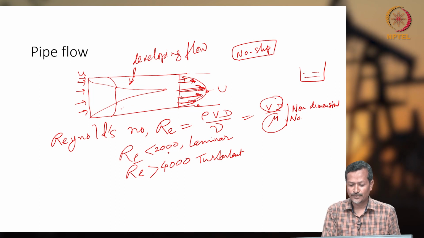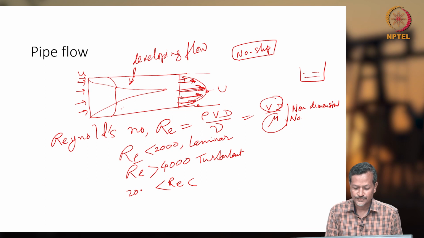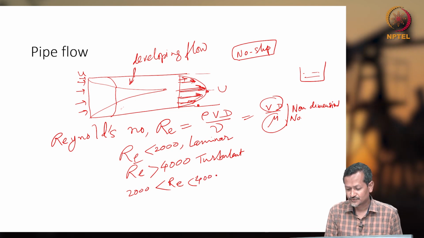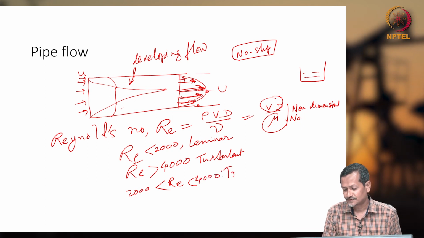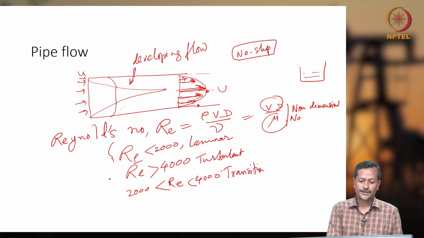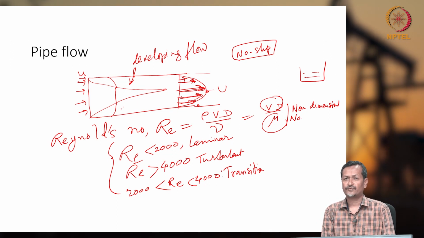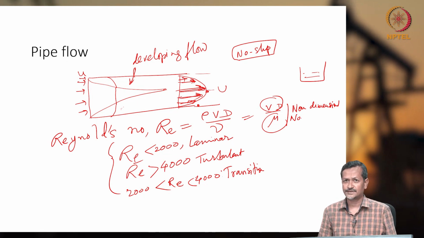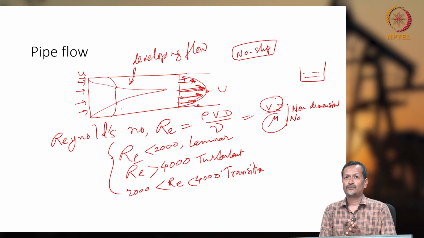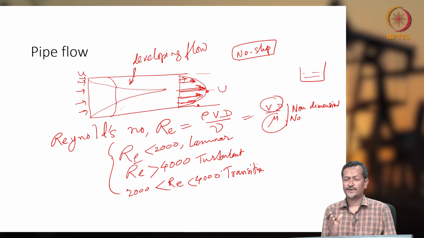You should remember these values. This is a very common question. Many times in interviews or exams people will ask what the value is. Roughly you have to remember, because we write exactly 2000, but it may not be exactly 2000.